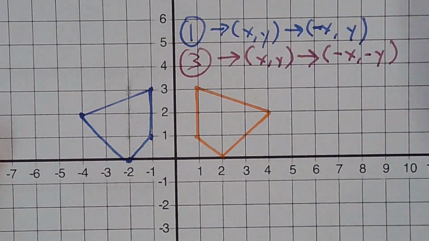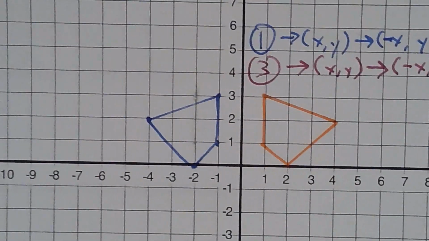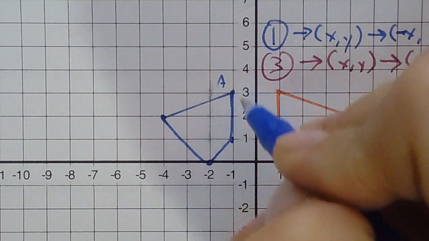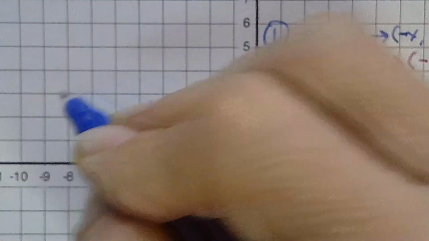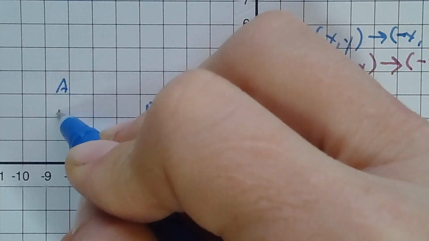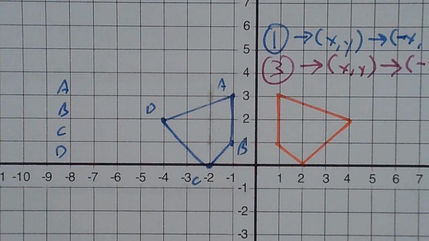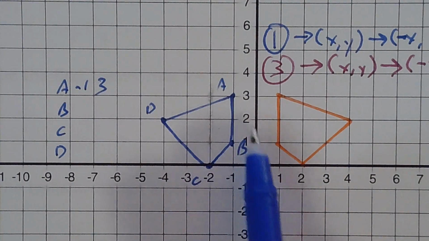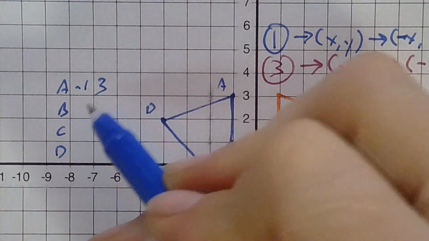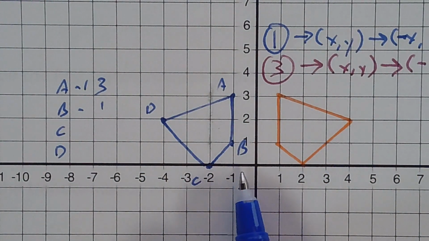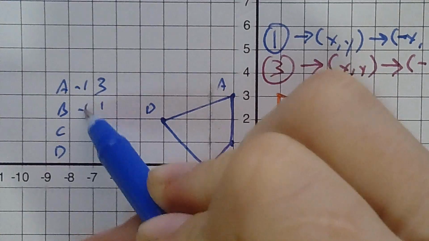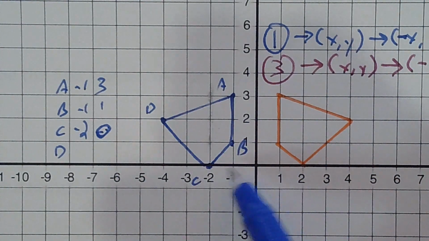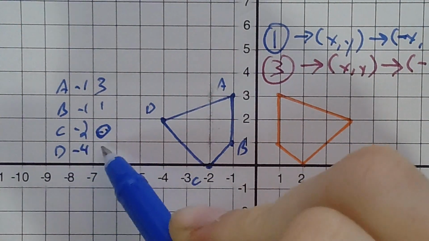All right, so my blue points, I'll just call them A, B, C, and D. So I have A, B, C, and D, and my initial points were -1 and 3, -1 and 1, -2 and 0, and then -4 and 2.